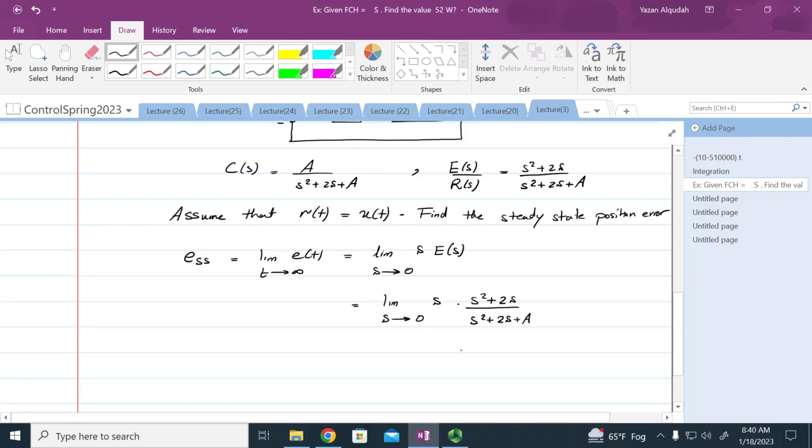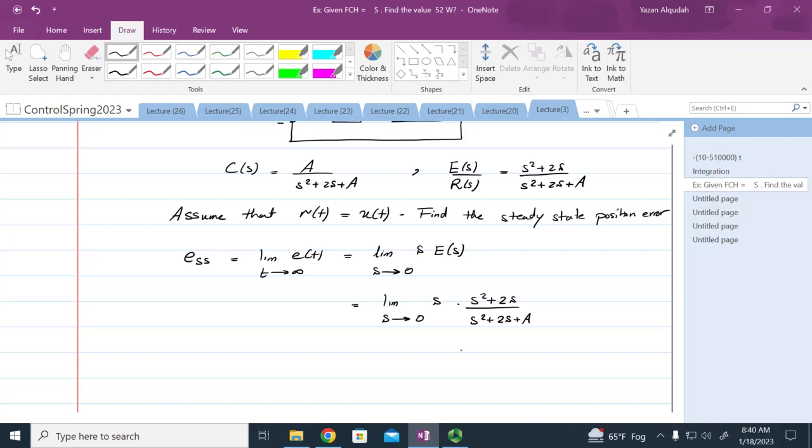Is this correct? What is it missing? Is it missing anything? Would you have to pull out R of S because that's just E of S? Excellent.